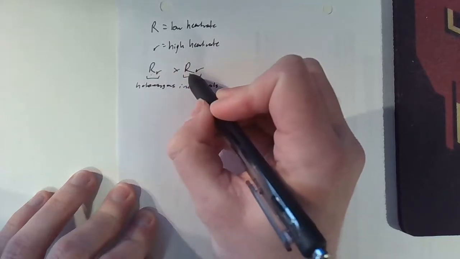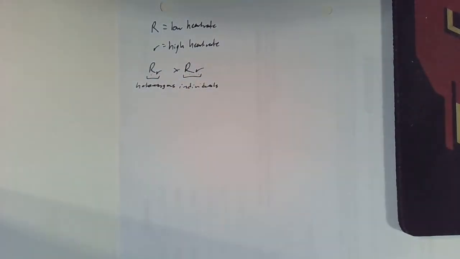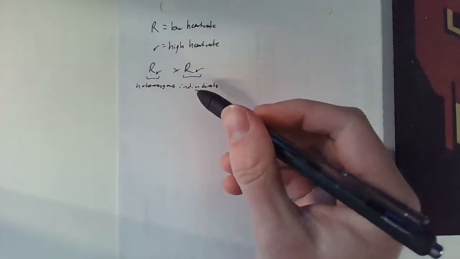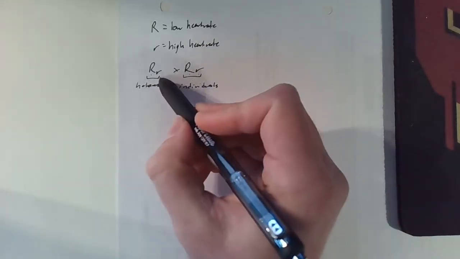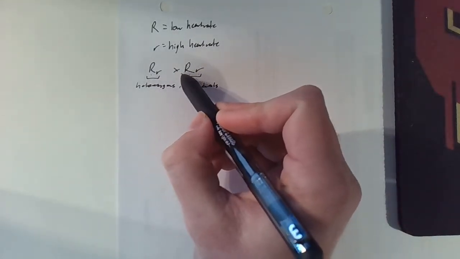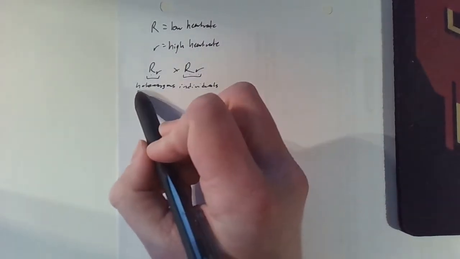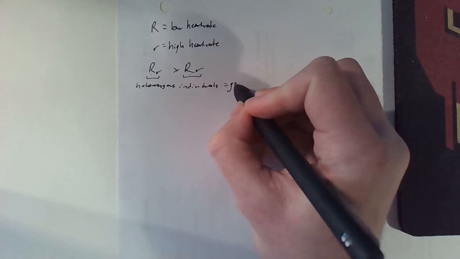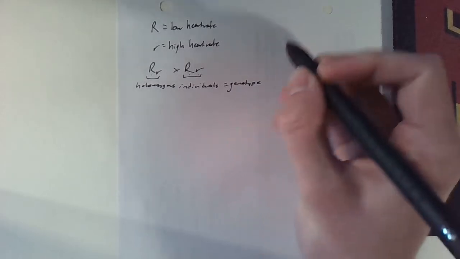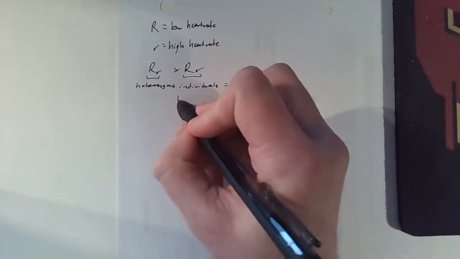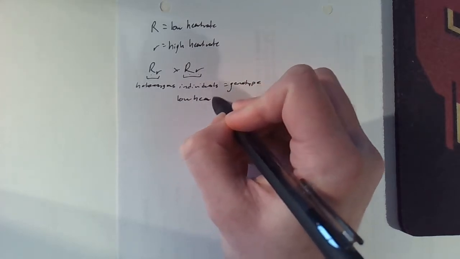They have one dominant and one recessive. What this tells us is that both of these individuals, their phenotype is going to be the low heart rate, while their genotype is heterozygous.